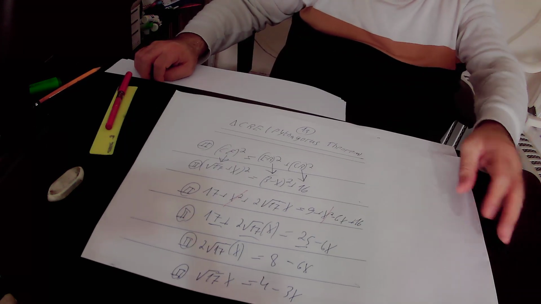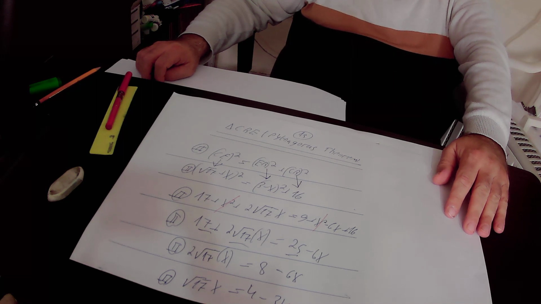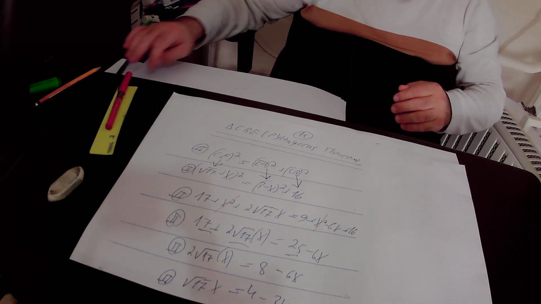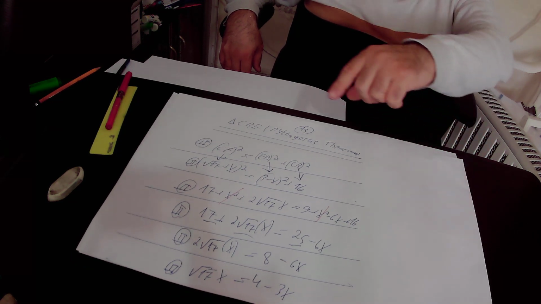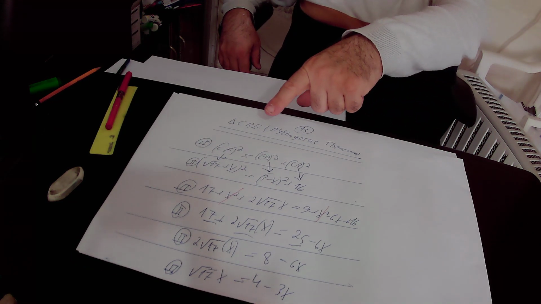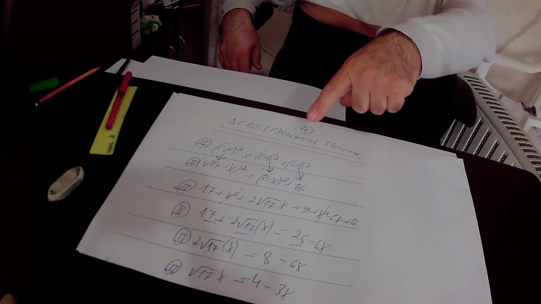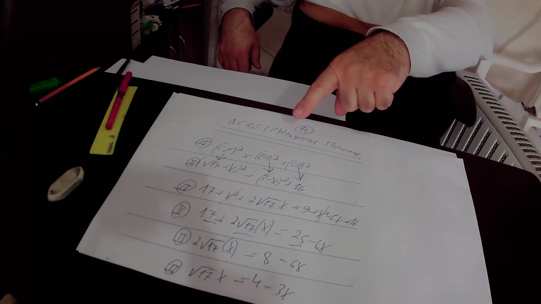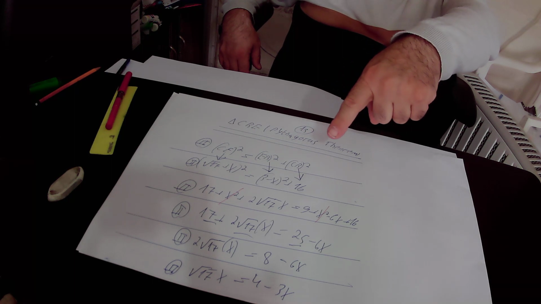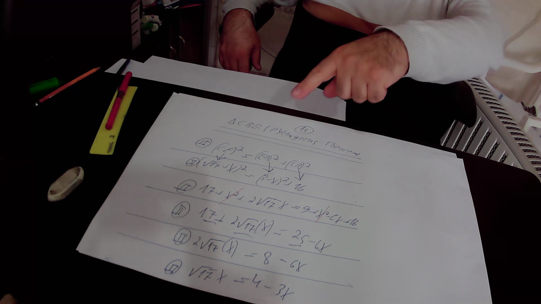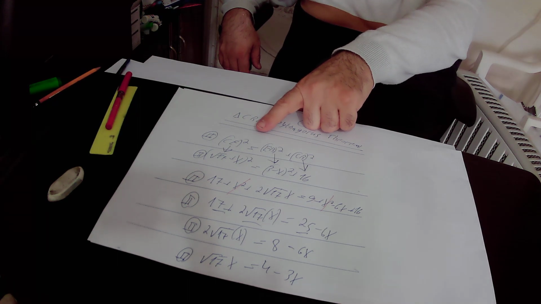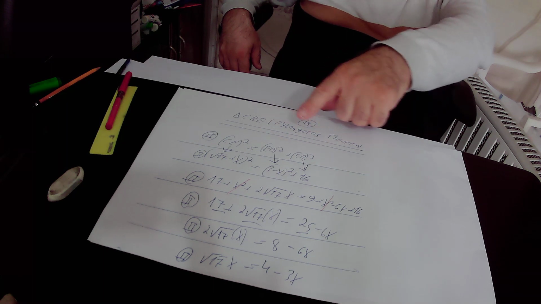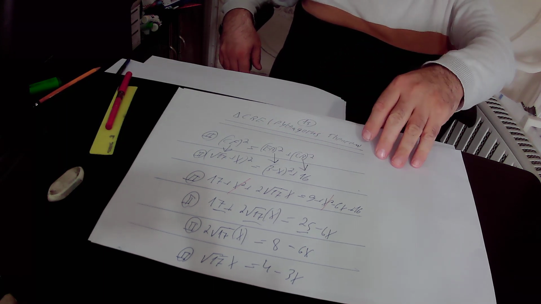The hypotenuse is CE, so CE square equals the sum of the squares of the perpendiculars, that is to say, EB square plus CB square. CE equals square root of 17 plus x, so CE square will be equal to (square root of 17 plus x) square, and it equals EB square.